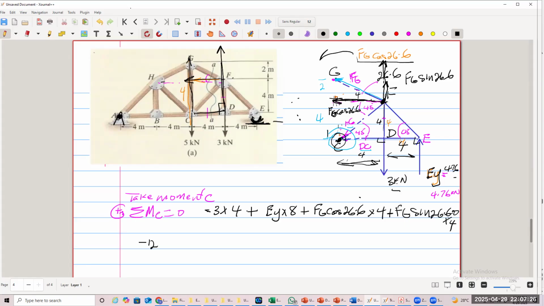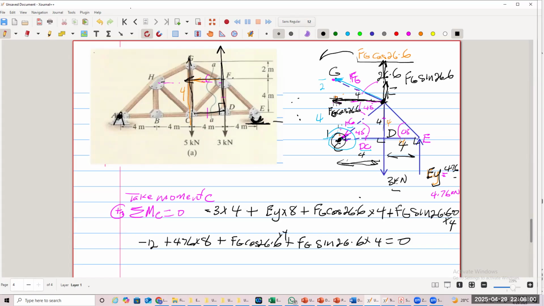Minus 12 plus 4.76 times 8, plus FG cos 26.6 plus FG sine 26.6. Let's check that value. This is times 4, and this one is times 4, equals 0.